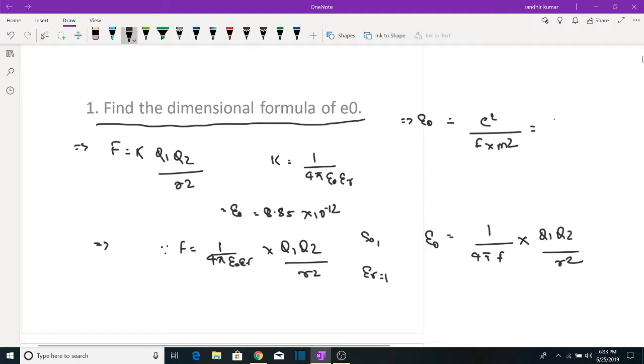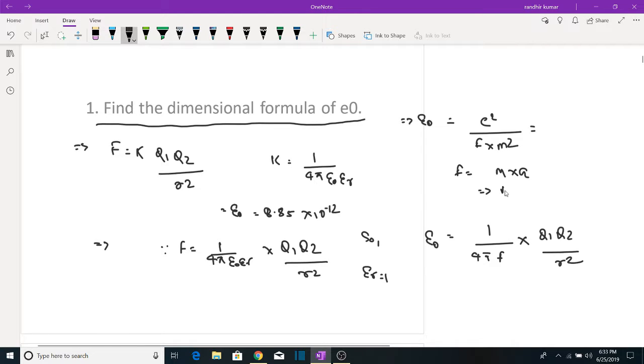Note that the Coulomb is in terms of meter square, and force equals mass into acceleration.